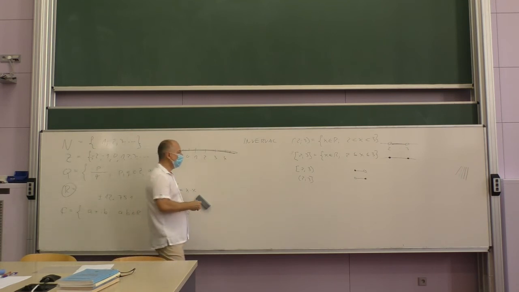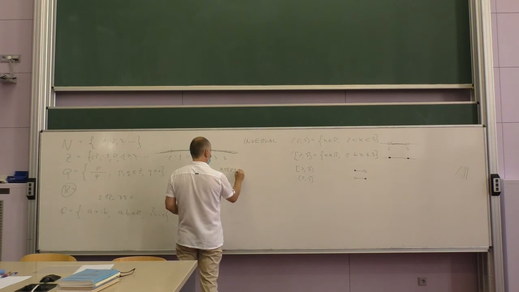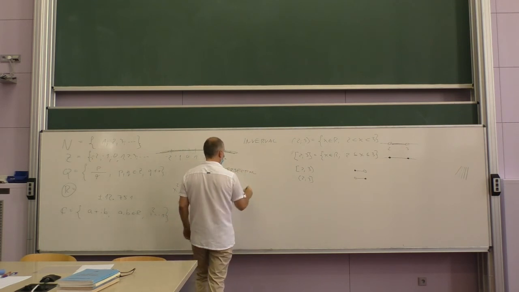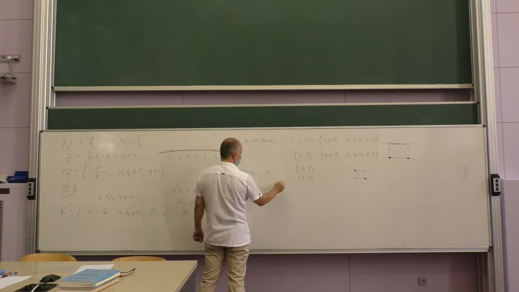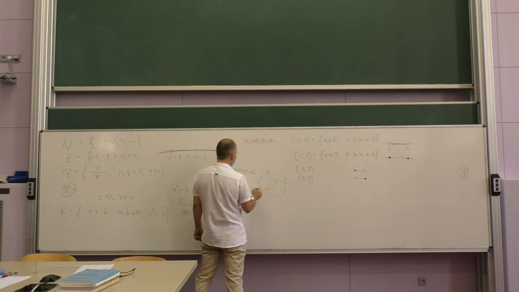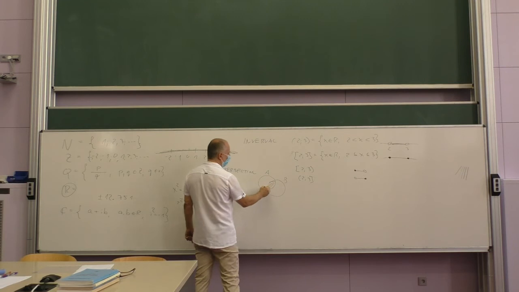We can have intersection. Generally for any set, if we have set A and set B, then intersection is the set of all the elements that belong to both of the two sets.